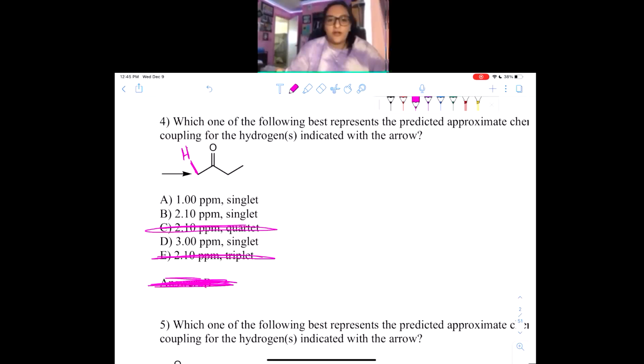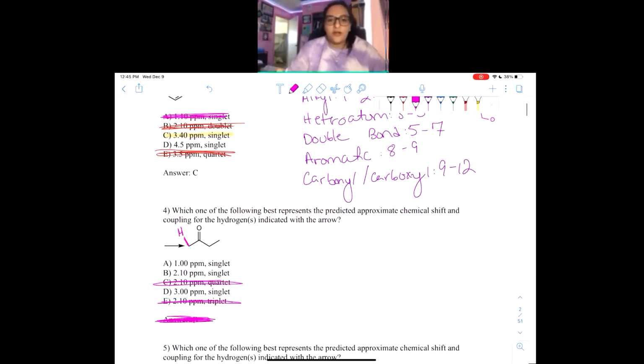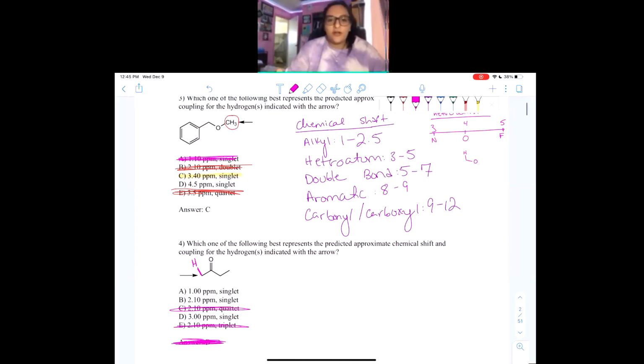So between A, B, and C, or A, B, and D, we have to figure out the chemical shift, right? And if we scroll up a little bit, we can see these regions. So what region is a hydrogen next to a ketone going to fall in? Alkyl, exactly.